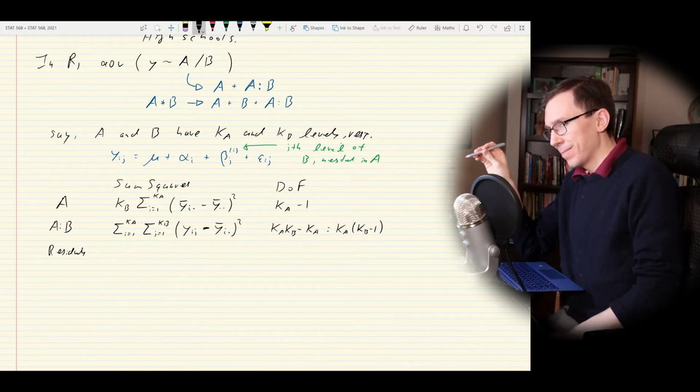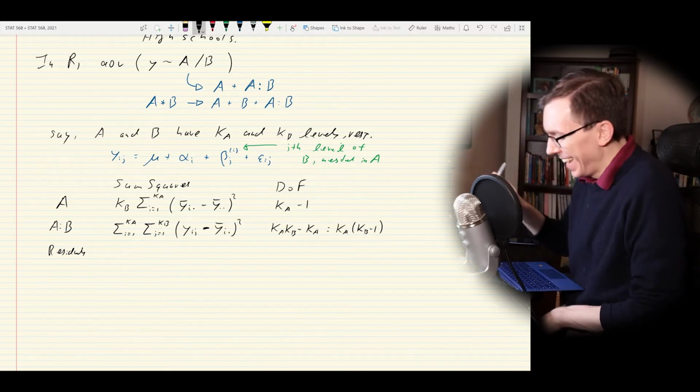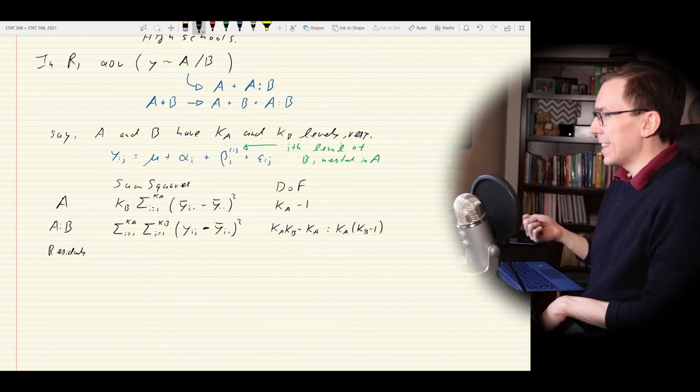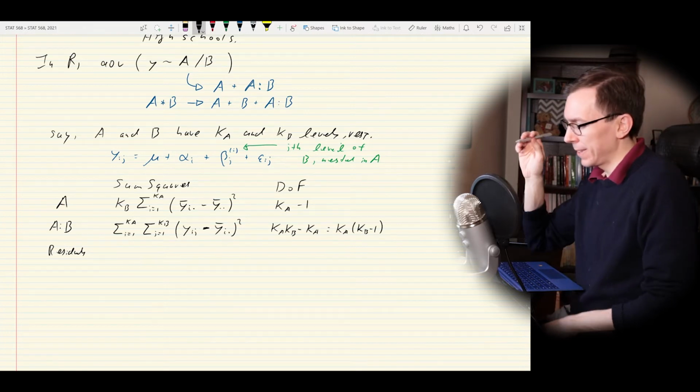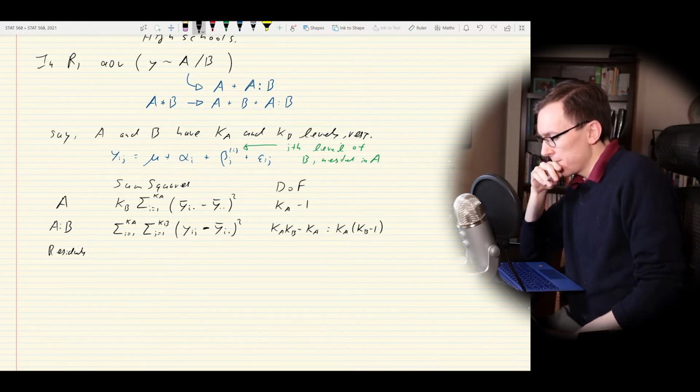Okay. And then at the bottom, we'll get our residuals out. So the residuals, no, I think I do need to replicate this for it to make sense.